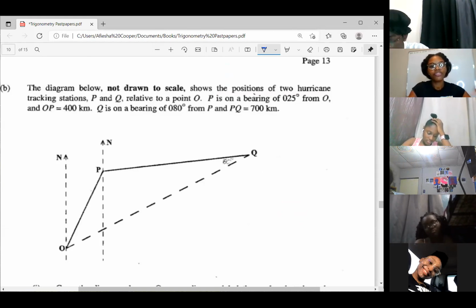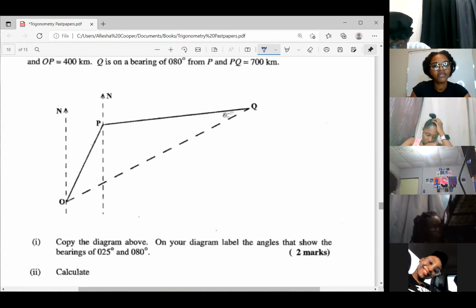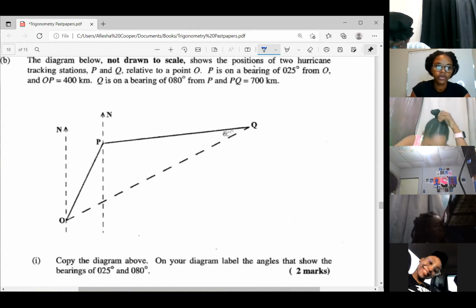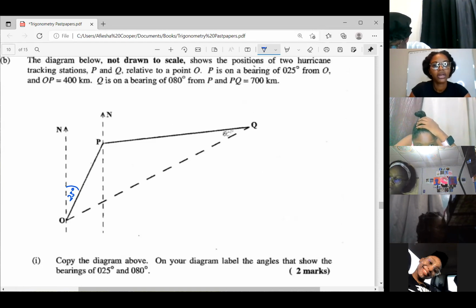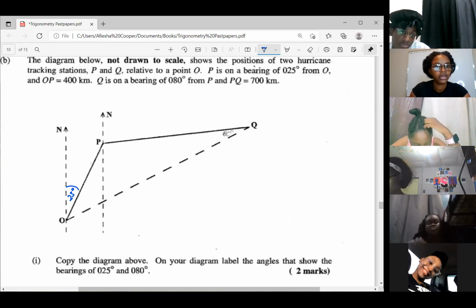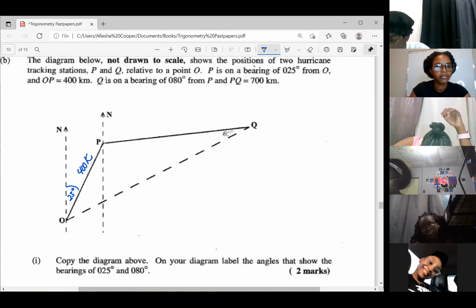The diagram below, not drawn to scale, shows positions of two hurricane tracking stations, P and Q, relative to a point O. P is on a bearing of 25 degrees from O. So P from O is here. OP is 400 km.